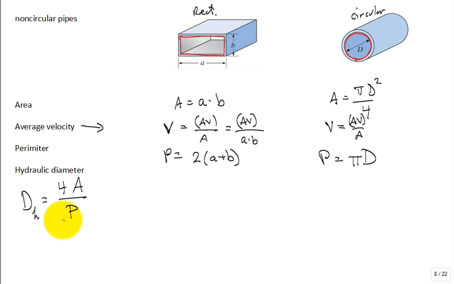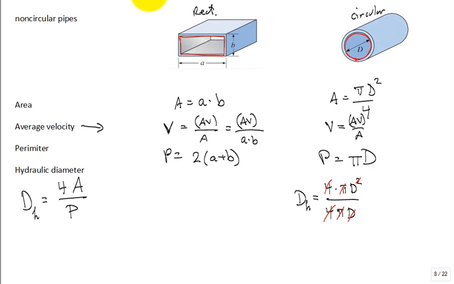So what is the hydraulic diameter calculated for a circular pipe? Well, 4 times A, pi d squared over 4, over the perimeter pi d. So we cancel the 4's, cancel the pi, cancel one of the d's, and you find that the equation for the hydraulic diameter, when you apply it to a pipe, gives me back the physical diameter. Makes sense.